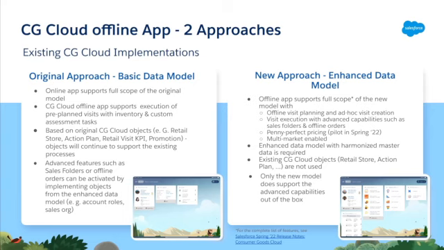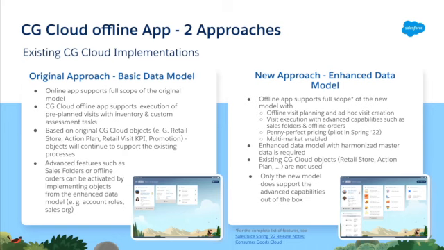So in the winter release, we introduced, based on the CG Cloud object model, the ability to execute specific tasks on the offline mobile device. So this was the main achievement in the winter release. And we call this original approach based on the existing basic data model.